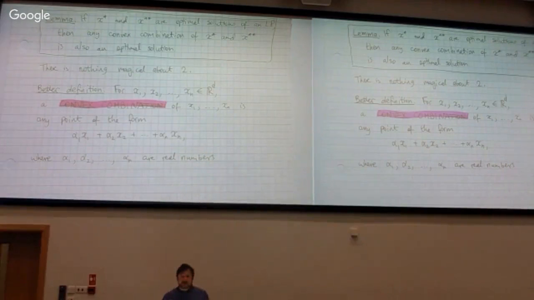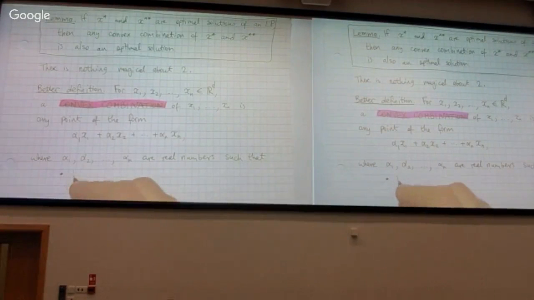So what do you call this? You call this a linear combination. But the convex combination is a special case of a linear combination, and there are some extra conditions. The first condition is that for each i, alpha i is between 0 and 1.